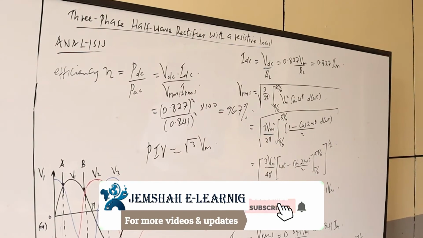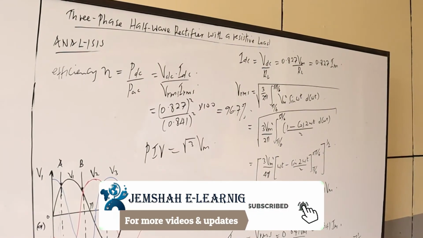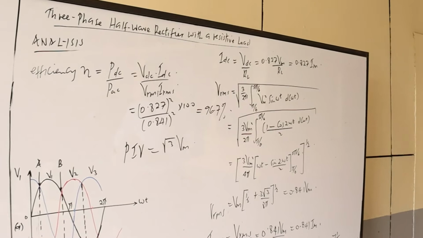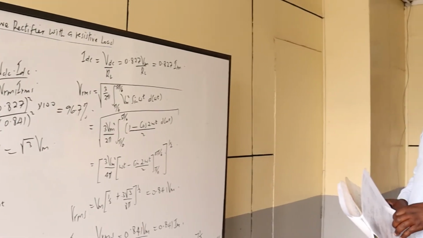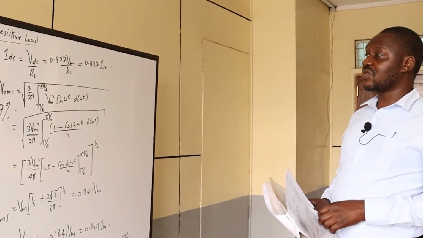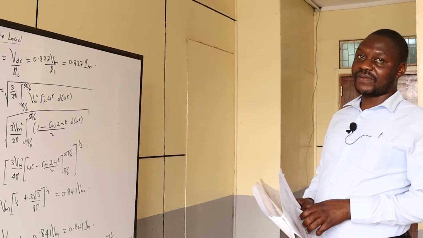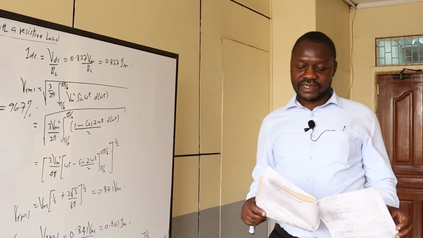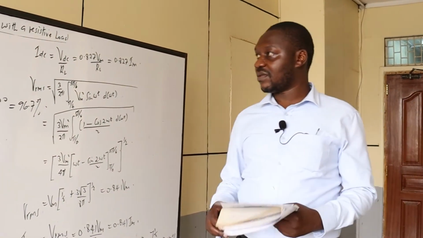So next we can also look at the 3-phase full-wave rectifier, where we have 2 rectifying diodes per phase. Let us have the diagram.